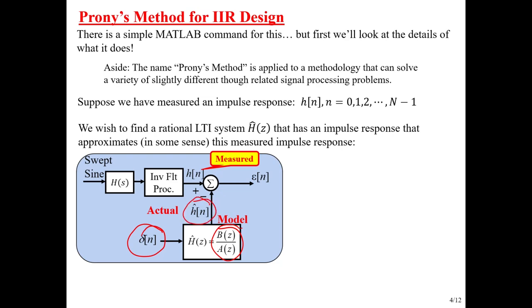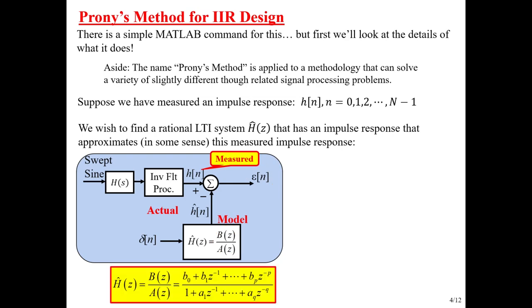And in principle, I could imagine taking the difference between those two to create an error. And then my job is to adjust the coefficients in these polynomials to make this error small in some sense. So let's just write out those polynomials. So these are the coefficients that I would want to adjust to try to make these two impulse responses as similar as possible.